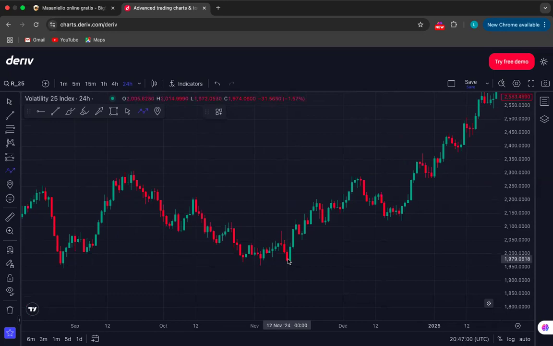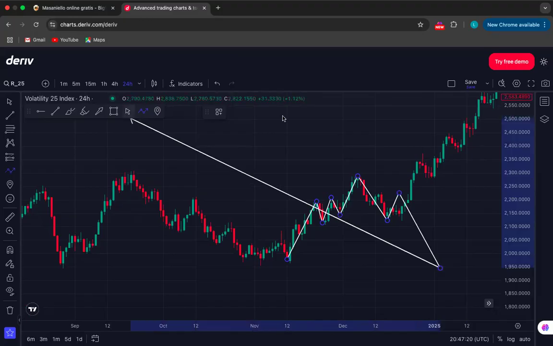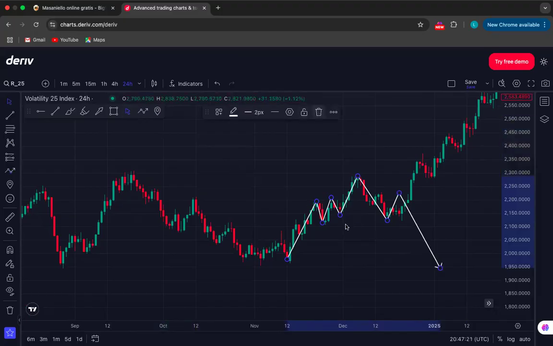This one looks like an uptrend. Higher high, higher low, higher high, and I will not consider this a pushback, but something like this can happen. Higher low, higher high, and then we have something like this. A lot of people might think this is a change of character here. I'm expecting something like this to happen, but it's not happening because of what the general trend is telling you. This is a 24-hour time frame.